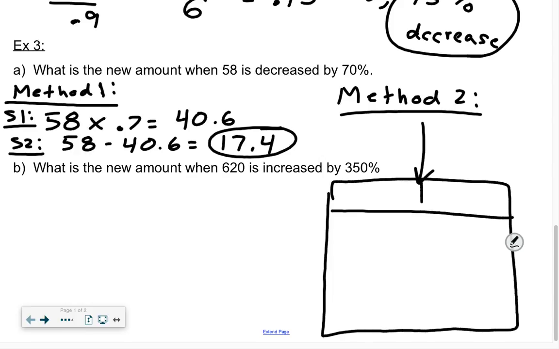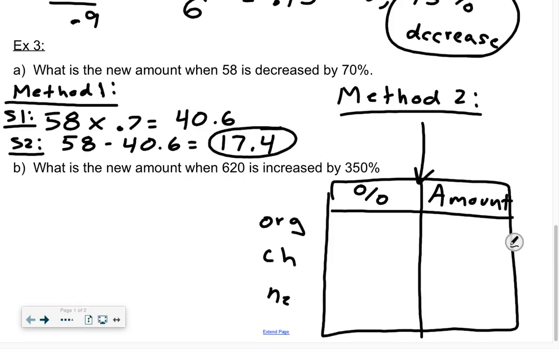We have 2 columns: the percent and then the amount. Over on the left-hand side, we had the original amount, the change, and the new. Coming back to us yet? Hopefully so.